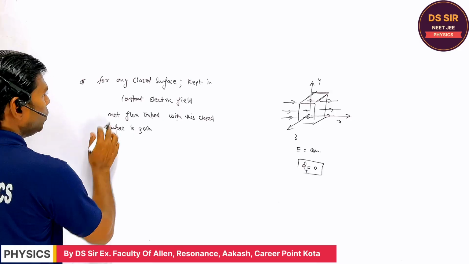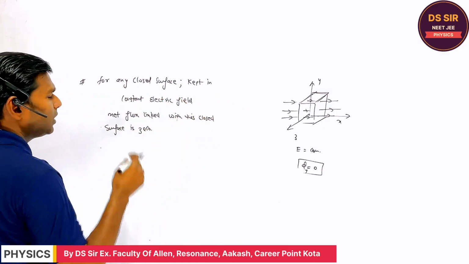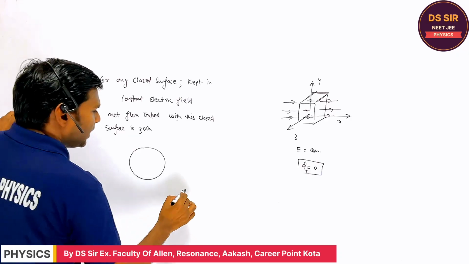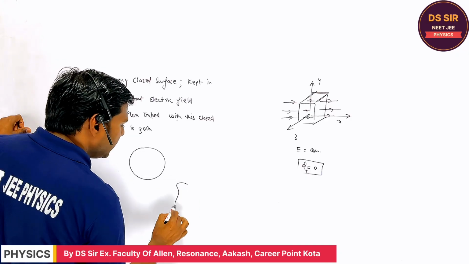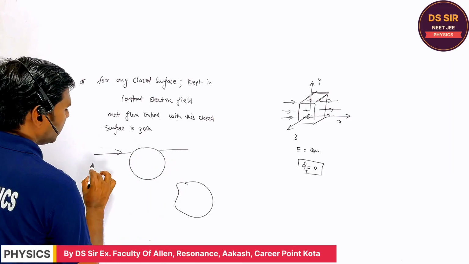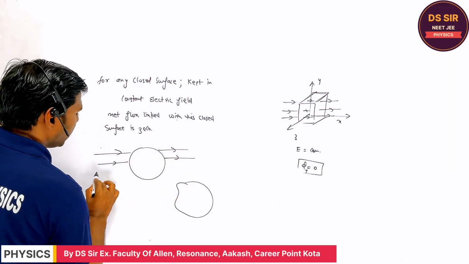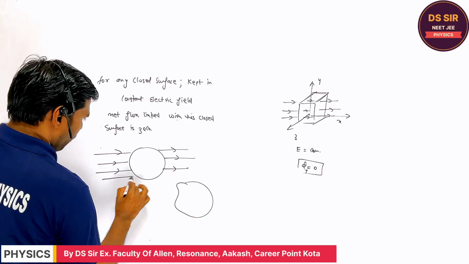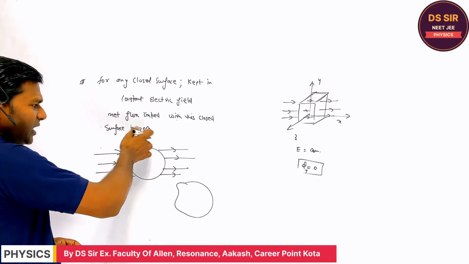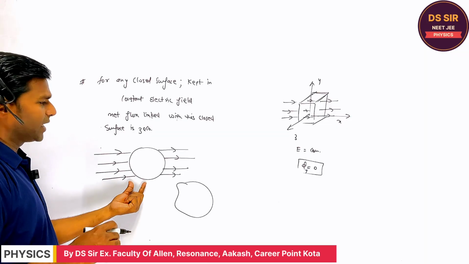Is it clear? Not only for this cubical surface, rather if it is a sphere, or any closed surface placed in a constant electric field, the flux is entering here. It is an imaginary closed surface, it is not a conductor, right?